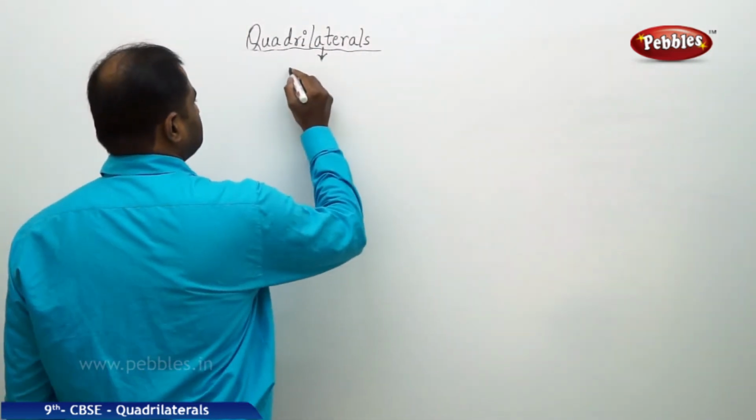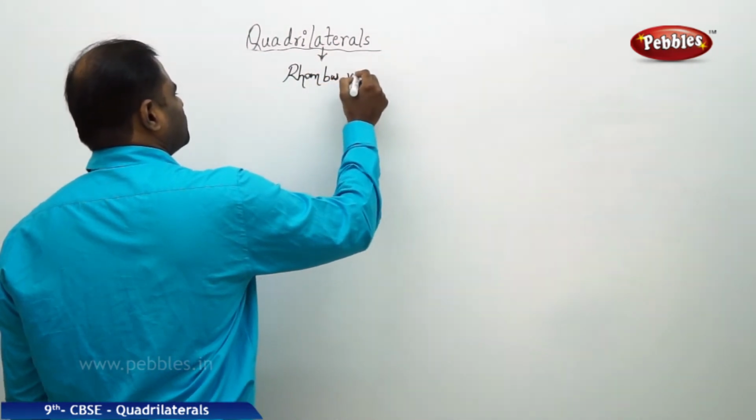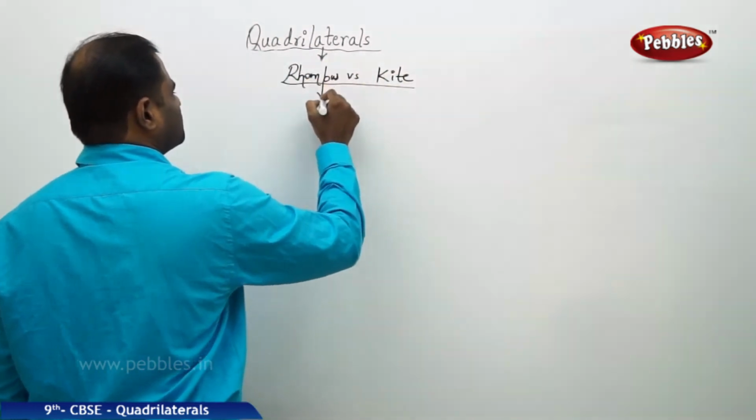Now comes the biggest question on how we connect a rhombus with a kite. Let's see the relation between a kite and a rhombus. Rhombus versus kite.